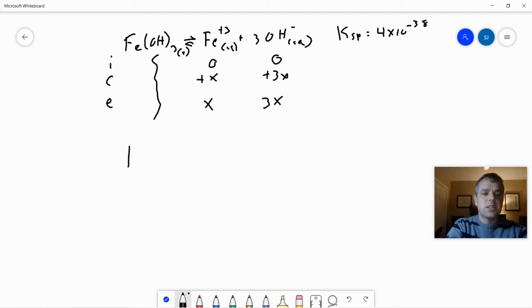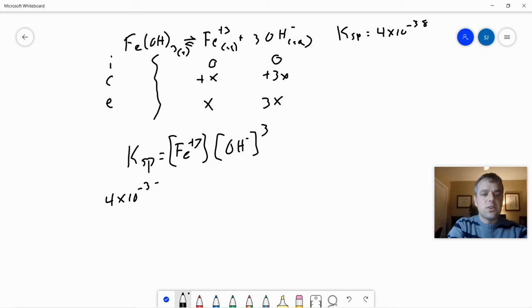We then plug into our KSP expression, because KSP equals Fe3+ times hydroxide cubed. So 4 times 10 to the negative 38th equals x times (3x) cubed, which equals 27x cubed times x, which is 27x to the fourth.